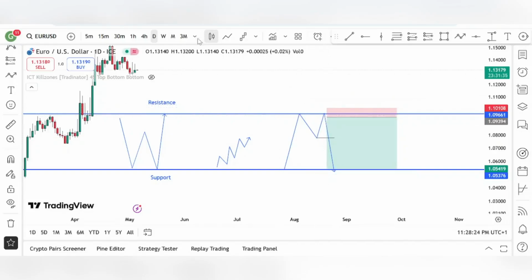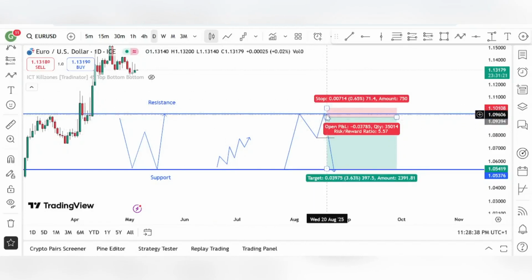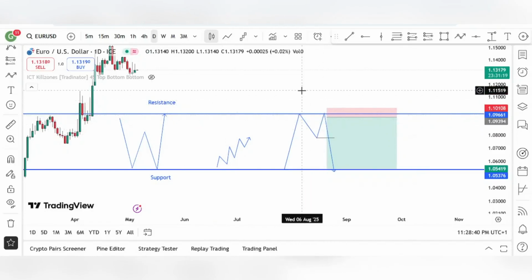You will now use maybe the 4 hour or 1 hour time frame, let's say the 1 hour for a kind of swing trade. So when this forms on the 1 day time frame, like the one we saw, you narrow it down to the lower time frame and look for structure confirmation. When you see a break of structure, and maybe that is a good supply zone, you can now pick your trade.